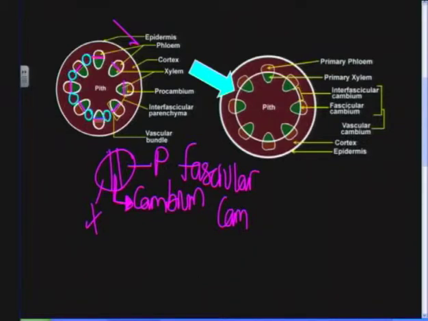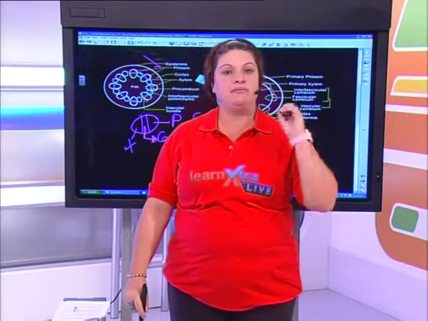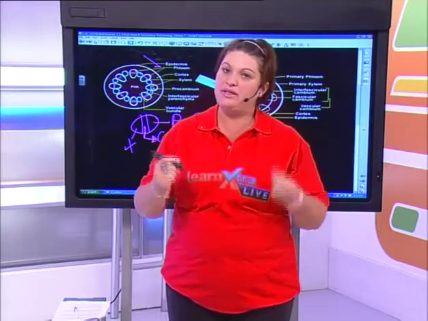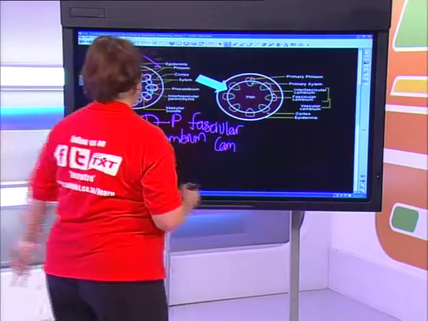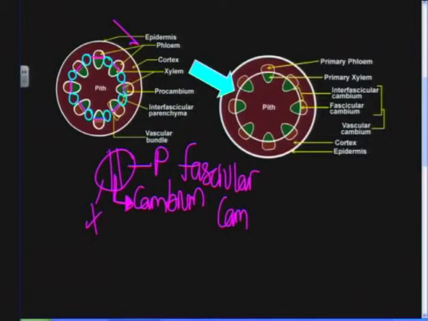Remember, parenchyma, my packing. And what happens is those parenchyma cells actually change. They now become meristematic. So now they join up with their buddies in the vascular bundle. So if I were to join it, here I had my fascicular, here I had my intervascular.